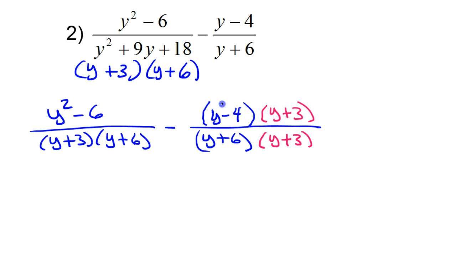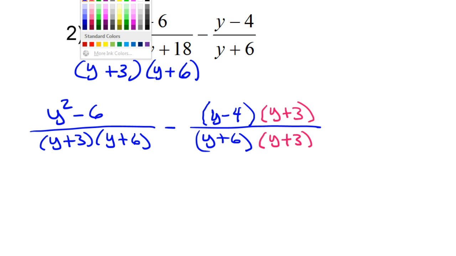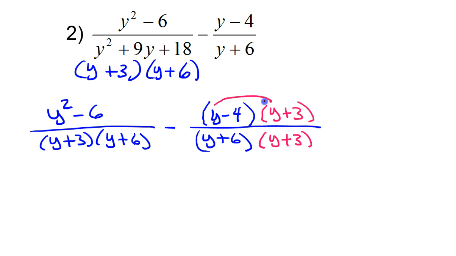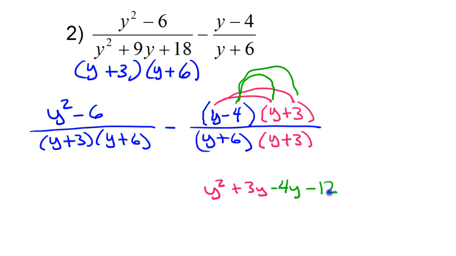Alright, and in fact, let's go ahead and do that now. So if I multiply this out, I'll have y times y, that's going to be y squared. And then y times 3 is 3y. Alright, and then if I do negative 4 times y is negative 4y, and negative 4 times 3 is negative 12.